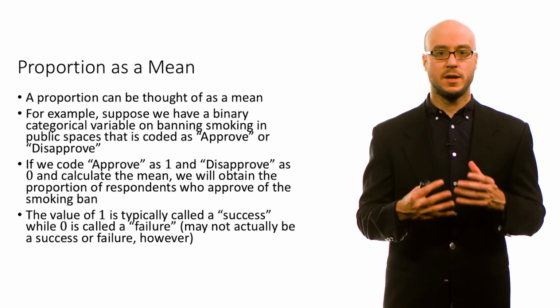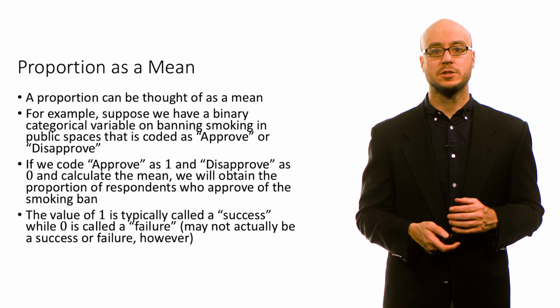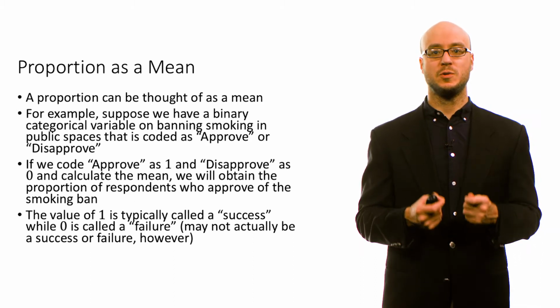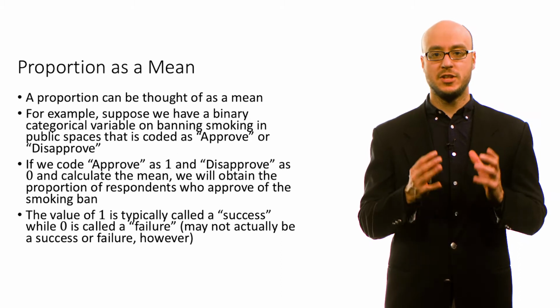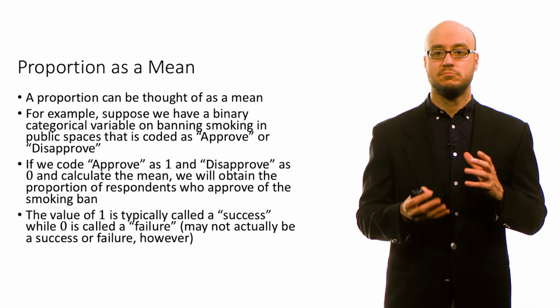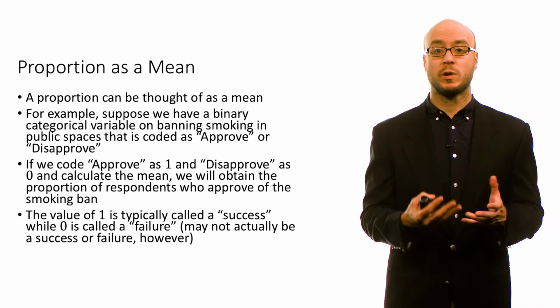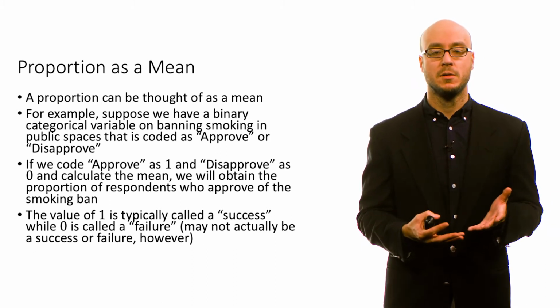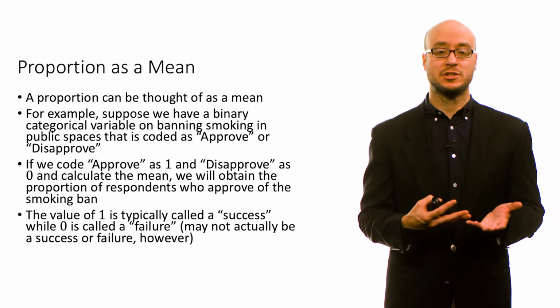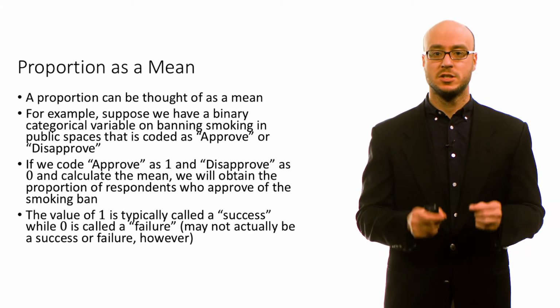In this sort of terminology, the value of 1 we typically refer to as a success, and we typically call 0 a failure. Now, these are in quotes because it may not actually be a real-world failure. You might code something as a failure, but in your view, it might actually be a success. So just to be clear, by convention, 1 is a success, 0 is a failure.